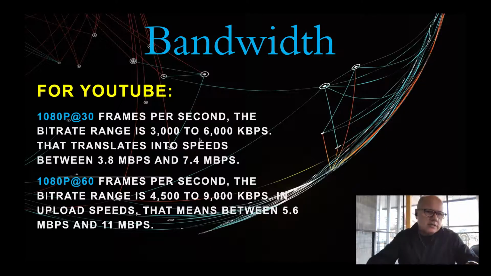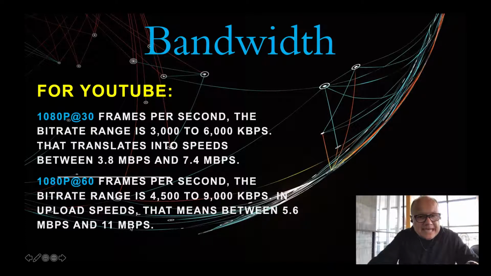So let's take a look at this other one, 1080p at 60 frames per second. The bit range is now from 4,500 to 9,000 kilobits per second, which means my upload speed is 5.6 megabits per second and 11 megabits per second. That's a ridiculous number.